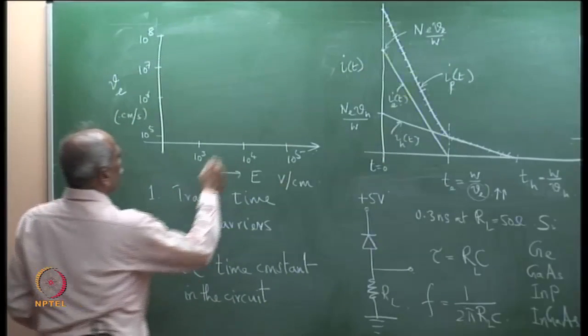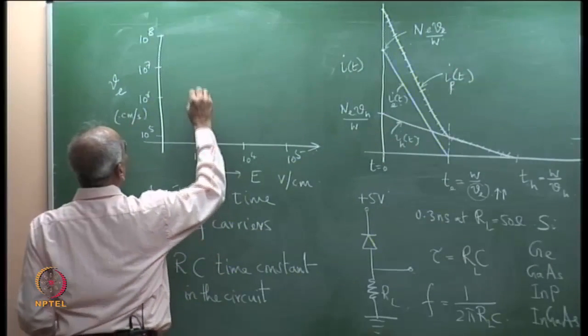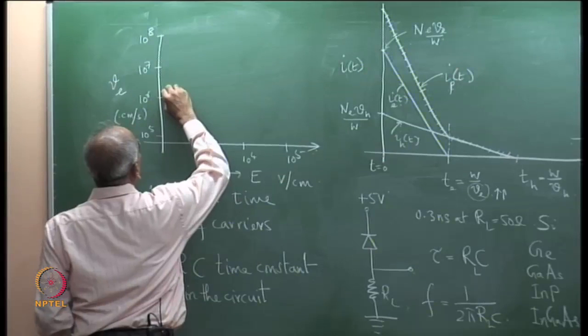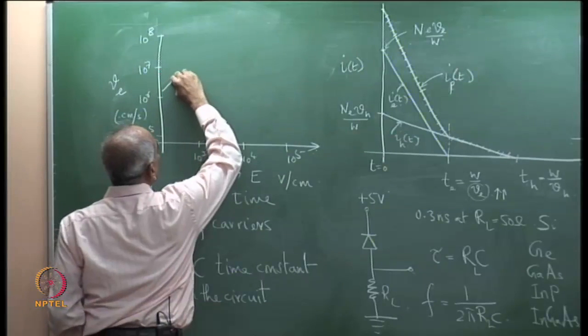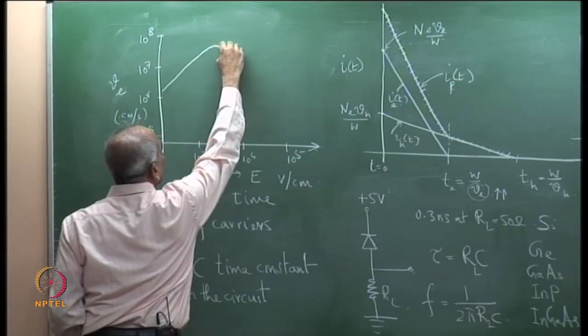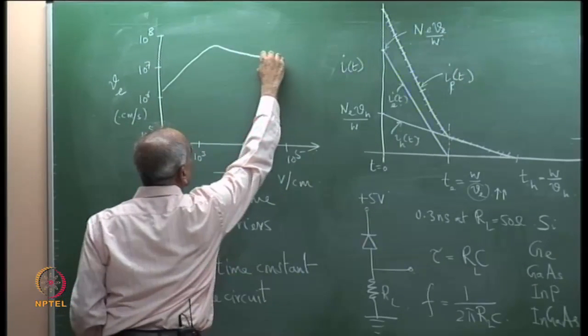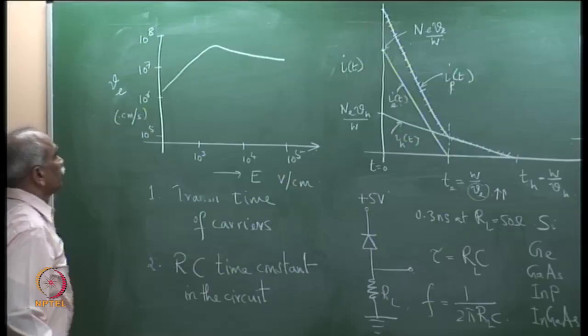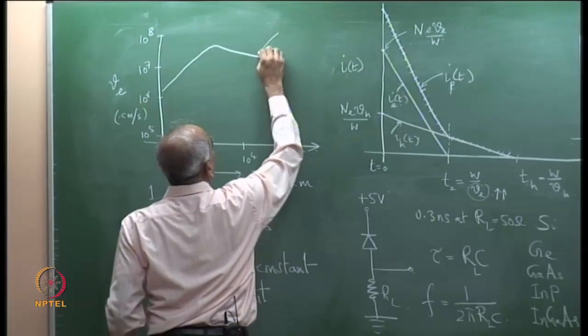We can plot this, and for indium gallium arsenide it looks something like this, greater than 10 power 7 and then drops something like this. It is highest for indium gallium arsenide.